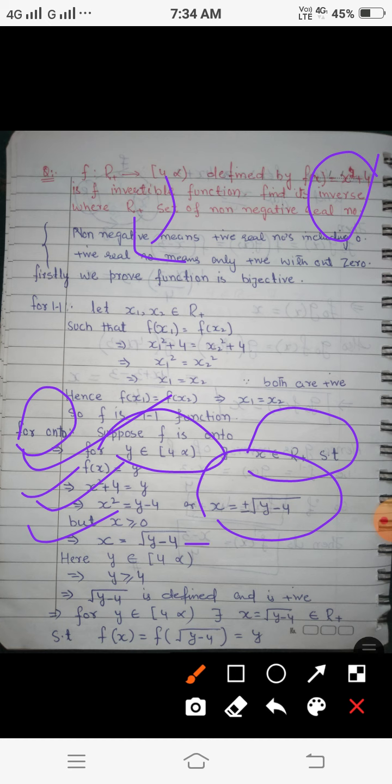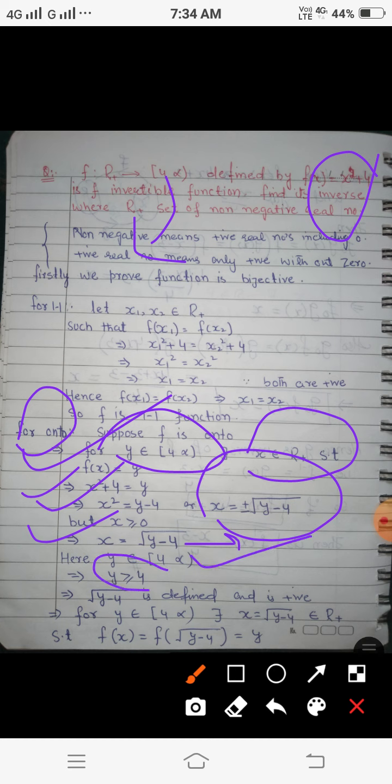Now we will check whether y − 4 is positive or not. Now y belongs to [4, infinity), which implies that y is always greater than or equal to 4. When y is greater than or equal to 4, it implies that y − 4 is greater than or equal to 0.